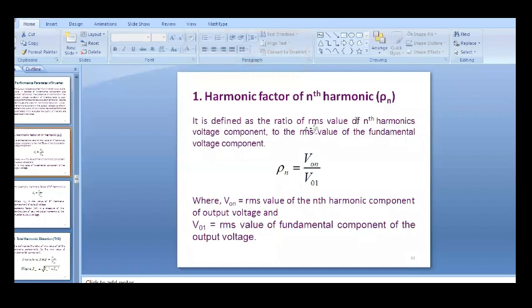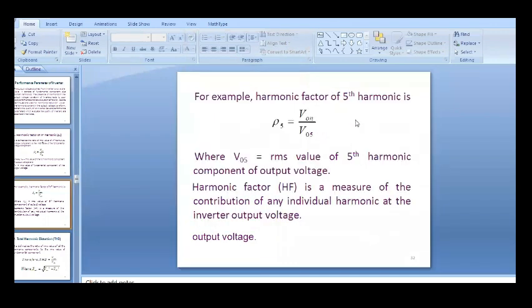Suppose the RMS value contains the fifth harmonic component of the output voltage, then what happened? For example, the harmonic factor of fifth harmonic is rho 5 equal to V05 to the V01, where V05 is the RMS value of fifth harmonic component of output voltage. So you can say the harmonic factor is a measure of the contribution of any individual harmonic at output inverter voltage.